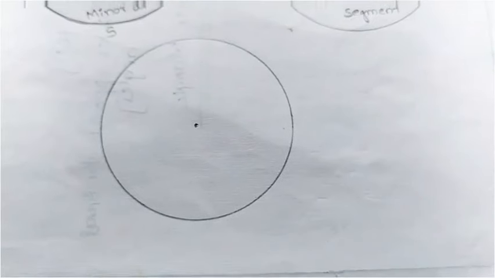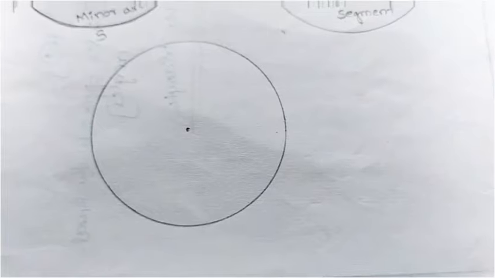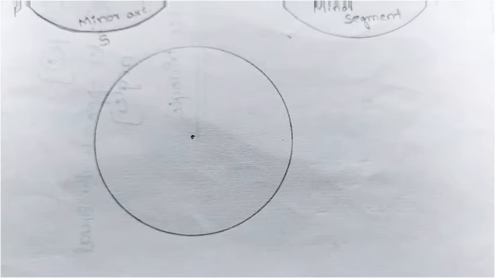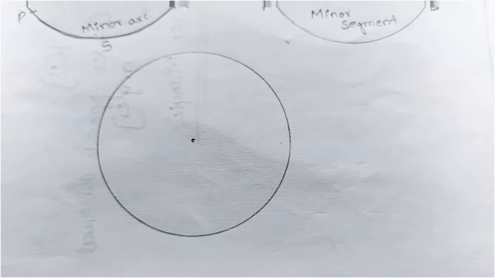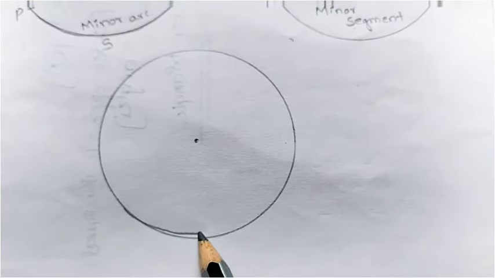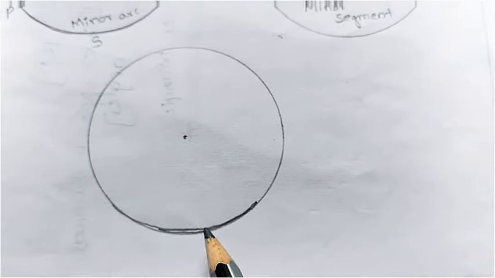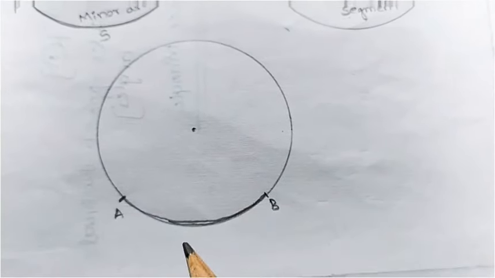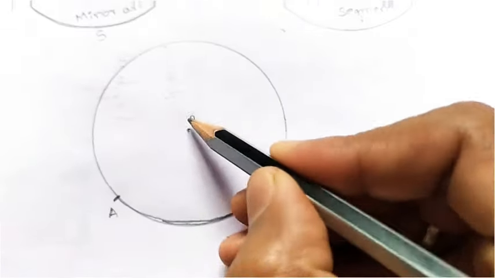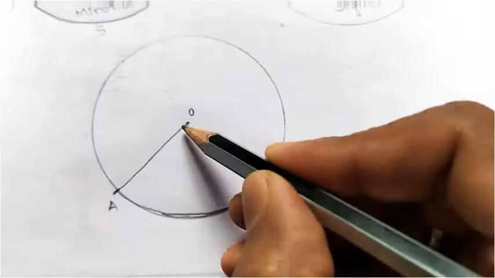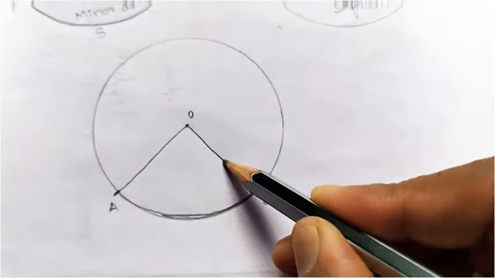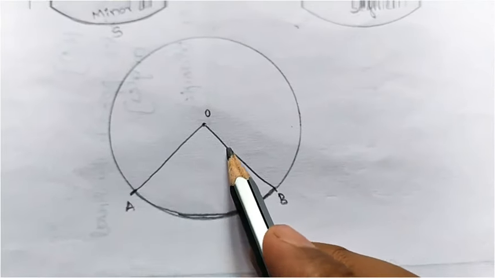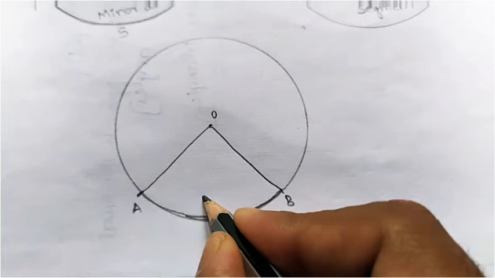The next concept is about sectors. The region between an arc and the two radii joining the center to the endpoints of the arc is called a sector. So here, if I take an arc, let us take one arc, A, B, and if I join A to the center and similarly B to the center, the region between the arc and the two radii, that one we can call a sector.